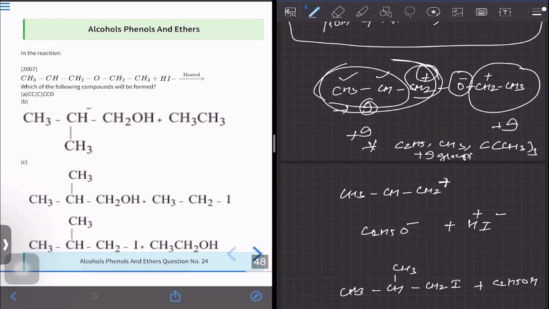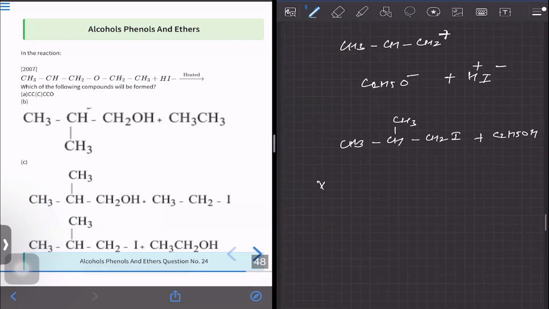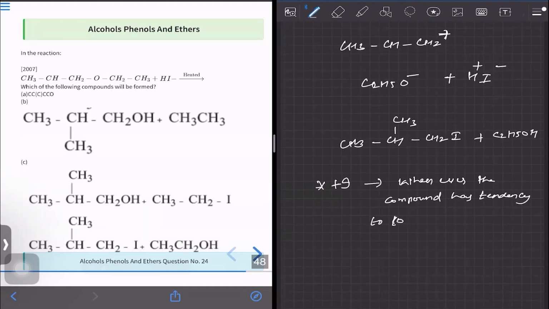What is meant by plus I? Plus I means whenever the compound has a tendency to lose electrons or to give away electrons.